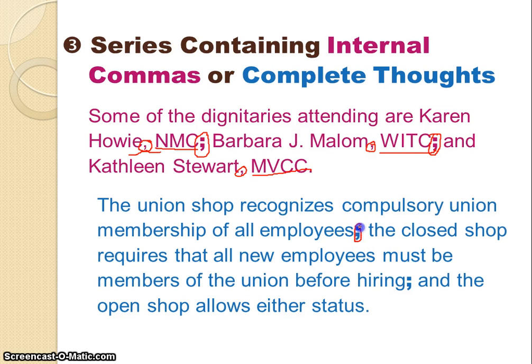So we're going to separate the series with semicolons instead of commas, since they are complete thoughts. The union shop recognizes compulsory union membership of all employees is actually a whole sentence. The closed shop requires that all new employees must be members of the union before hiring is a complete sentence, and the open shop allows either status is a complete sentence. So when we have the case that these are complete thoughts, we use semicolons instead of commas.